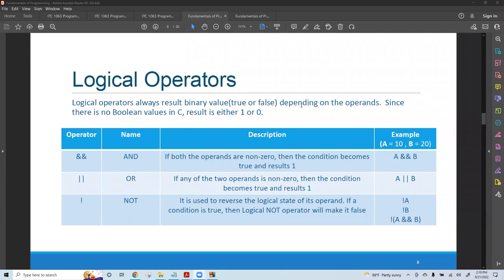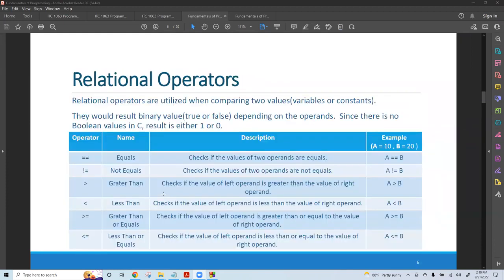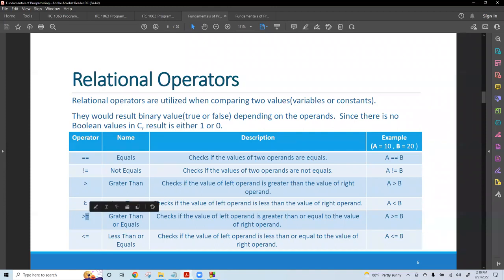There's a question: can we use equal or, instead of using the greater than or less than sign first, if you move this to the front?